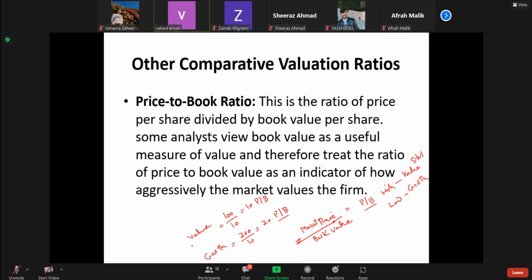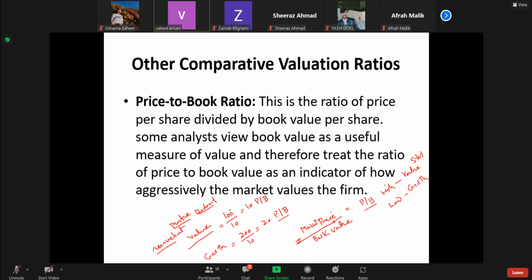Now, the value stocks are those companies which are very mature companies, and they have a track record of sustained dividend over the years, and they do not have much reinvestment opportunities. Therefore, whatever profit they earn, they pay back to the shareholders.